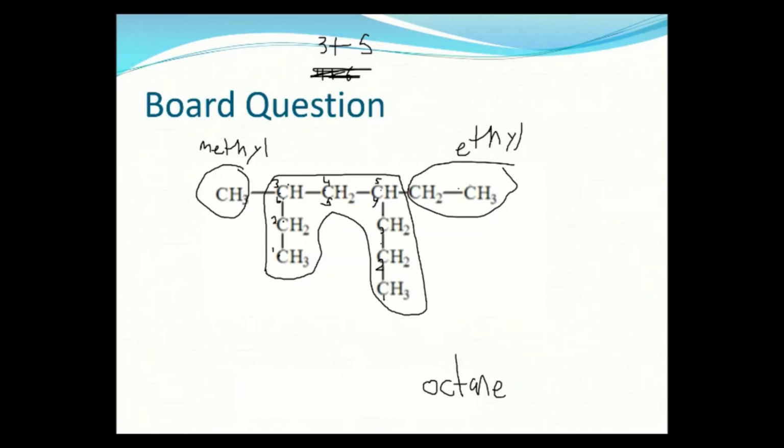So we want to use 3 and 5. So 1, 2, 3, this is 3-methyl. 4, 5, this is 5-ethyl. And we want to name them alphabetically. So the 5-ethyl would come first. And then we would have the 3-methyl next. Okay.